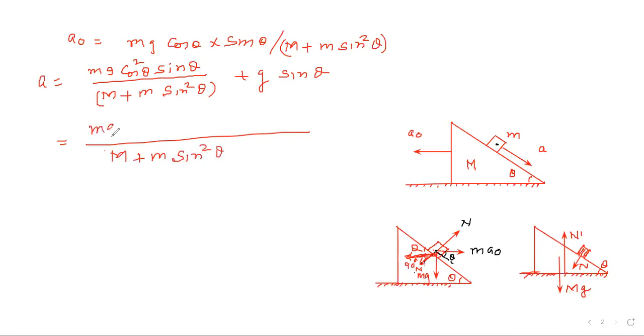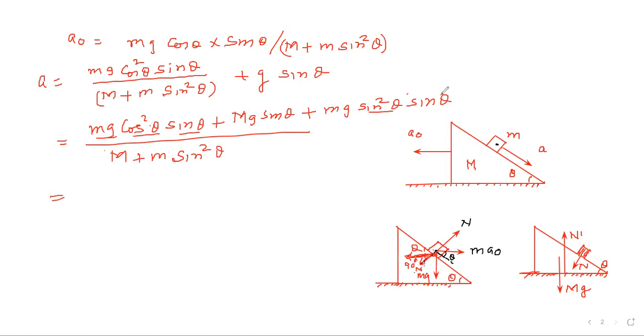So we get mg cos square theta sine theta plus, multiplying through, Mg sine theta plus small mg sine square theta into sine theta. Here mg sine theta is common, then cos square theta plus sine square theta will be in the bracket, and that will give 1.